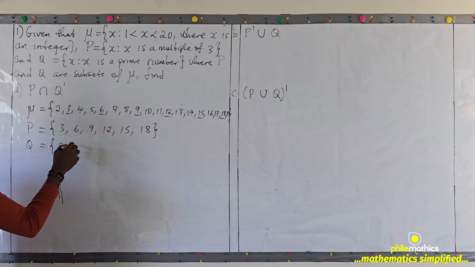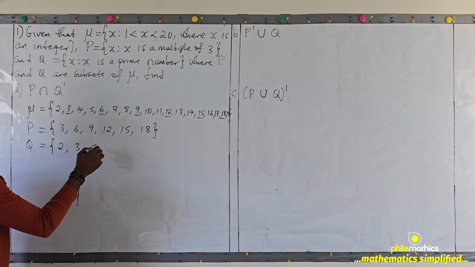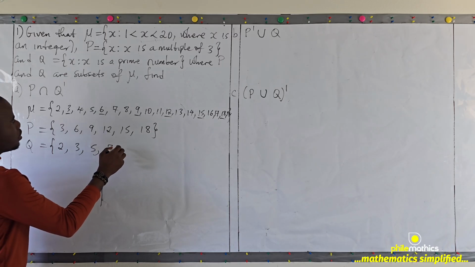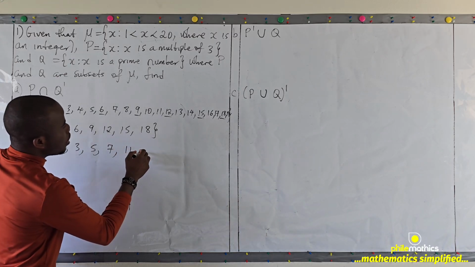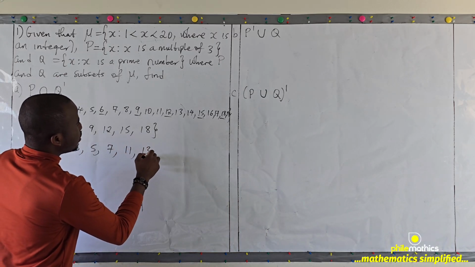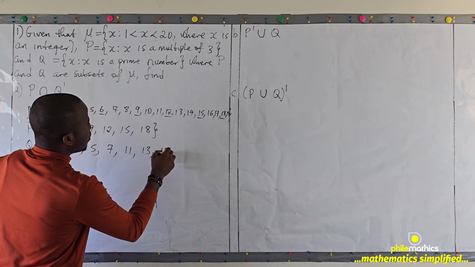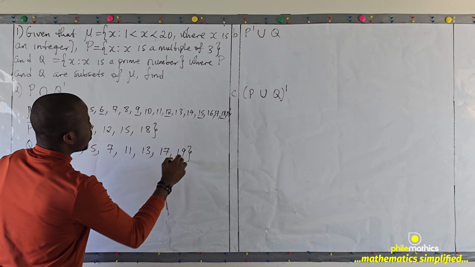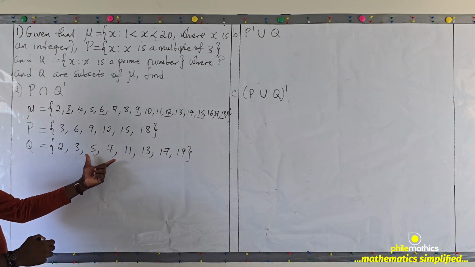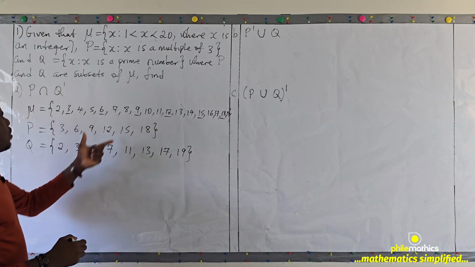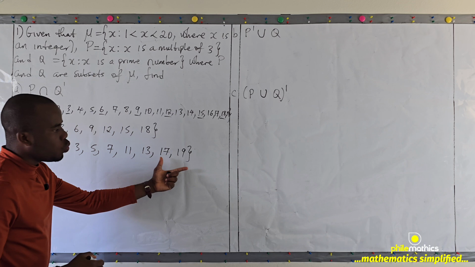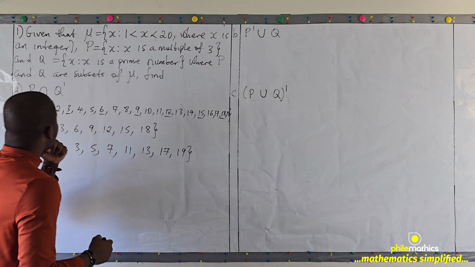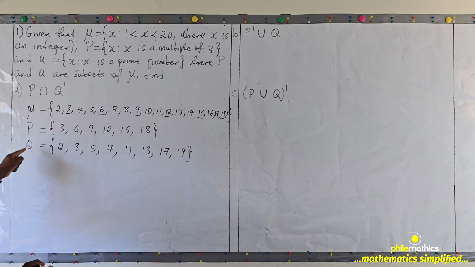So 2, 3, 5, 7, 11, 13, 17, 19. So these are the prime numbers in this universal set. They have only 2 factors, itself and 1. Now we have gotten p and q.